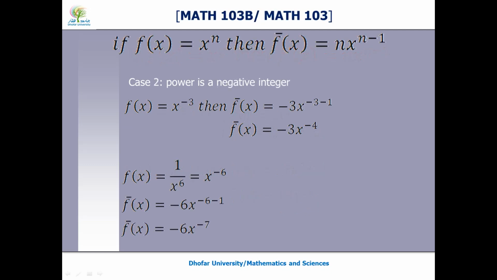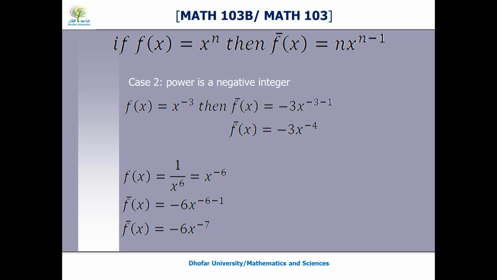Now, if the index is a negative number, then we apply the rule also. The power of x is brought down in front of x like this, minus 3 times x, and we subtract 1 from minus 3, it becomes minus 3 minus 1, that is minus 4. So the answer will be minus 3 times x to the power minus 4.